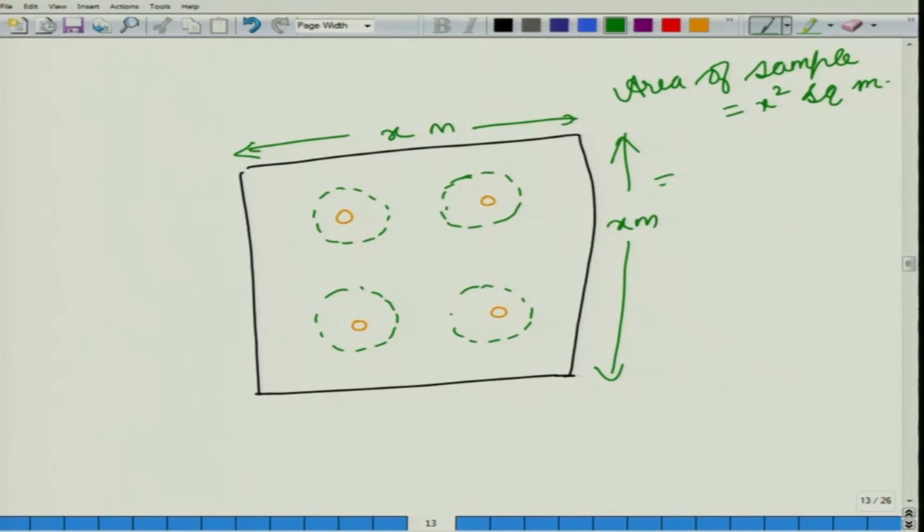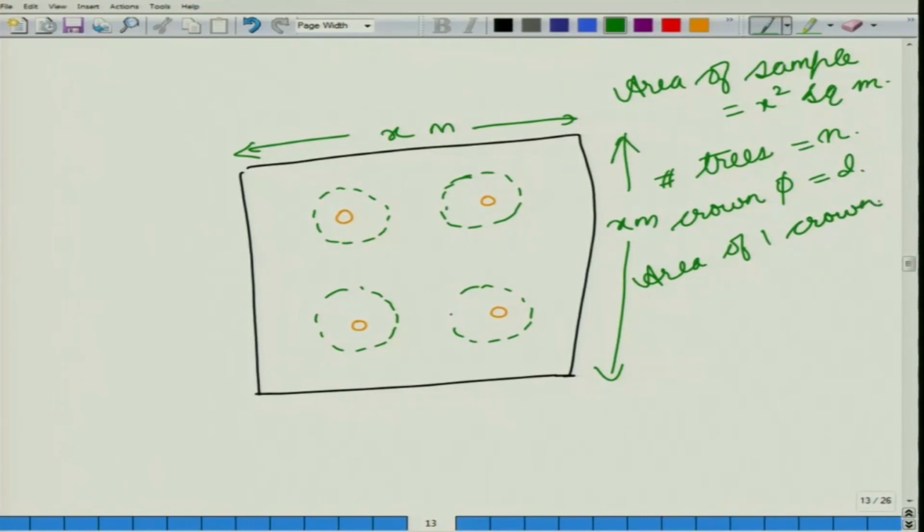Now, the number of trees for instance is n and the crown diameter is d. So, in this case the area of one crown that is projected down to the ground will be given by pi r square or pi d square by 4.